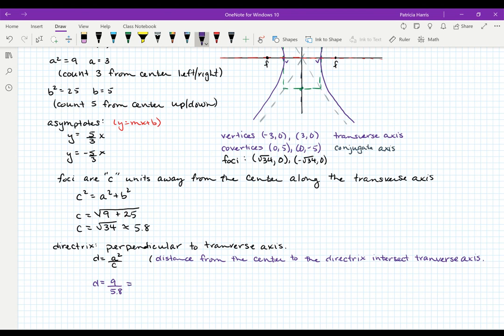So d is 1.5. My directrix is going to be 1.5 units away from the center.